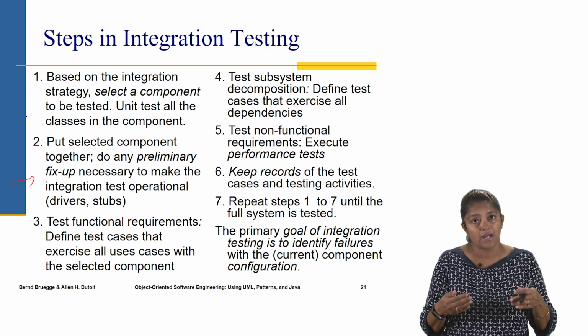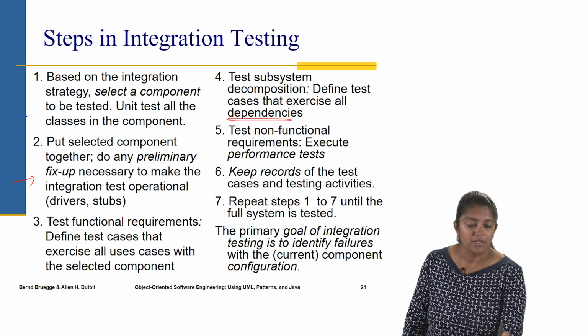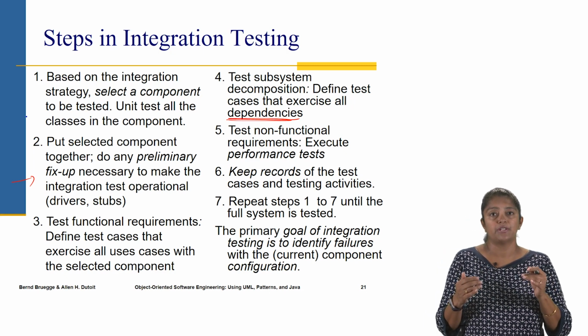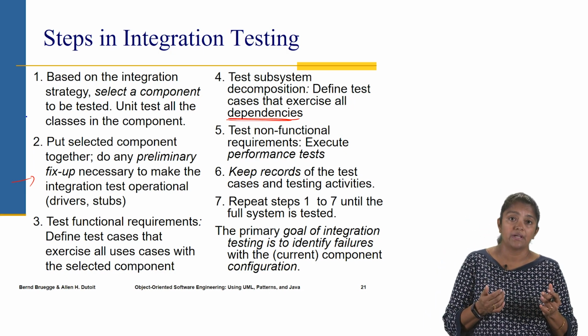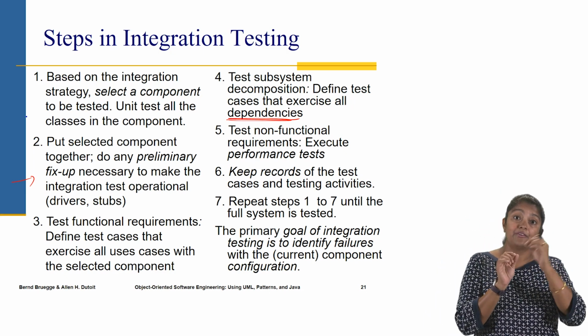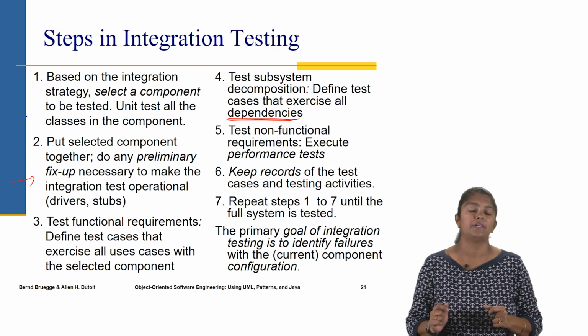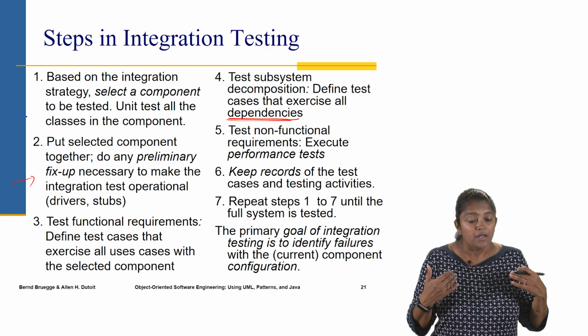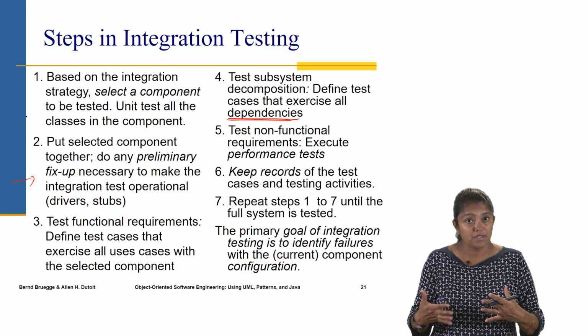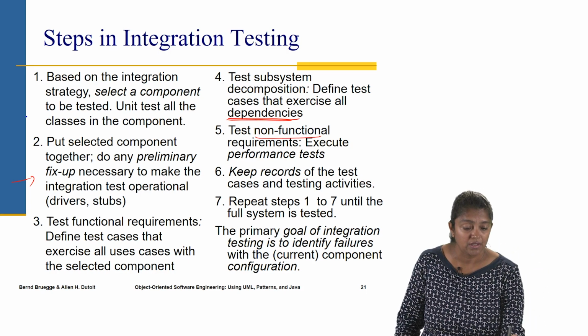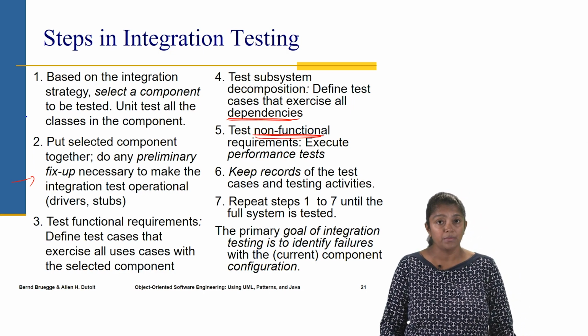So the test cases have to be written so that all the dependencies are exercised and we make sure everything's working correctly. This is where the interfaces are tested, to see whether they are communicating correctly with each other or not.